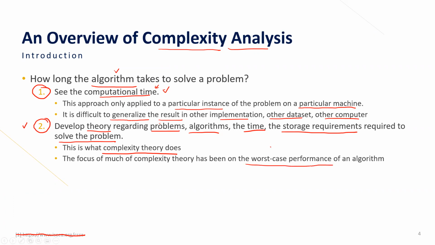For example, earlier I mentioned that if 15 instances in the TSP are easier to solve than another 15 instances, then they cannot be used for comparison. But complexity theory can go beyond that, so that when you consider 15 nodes, we will always be able to see the worst case scenario for these 15 nodes.